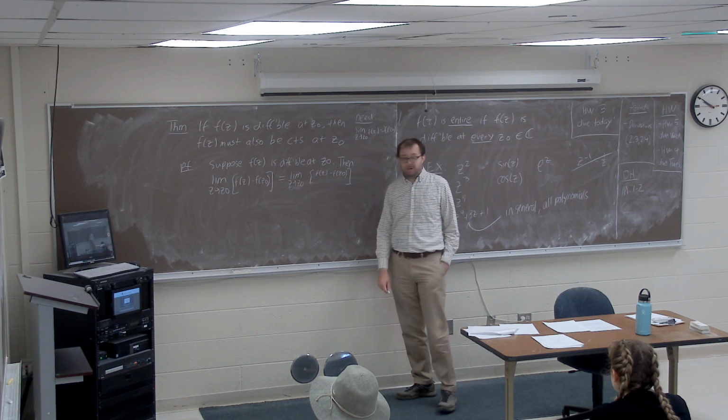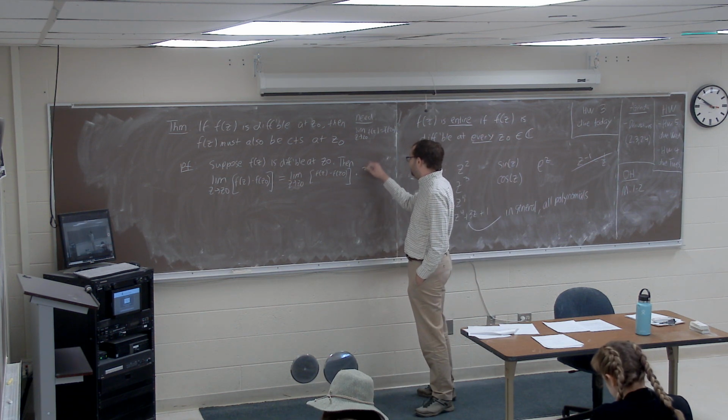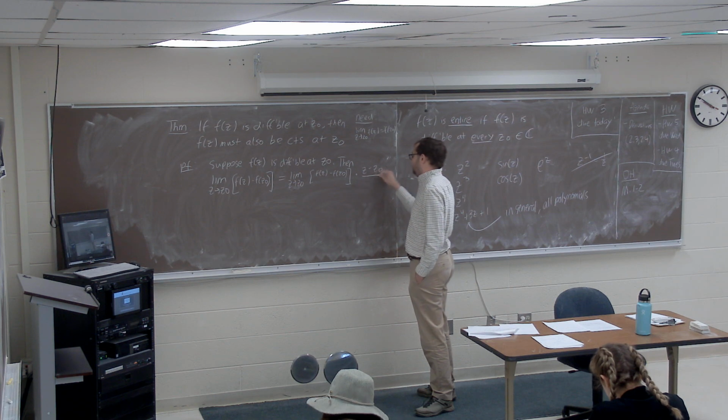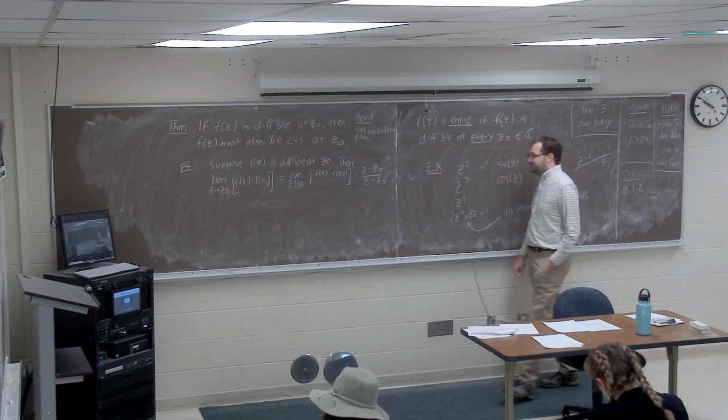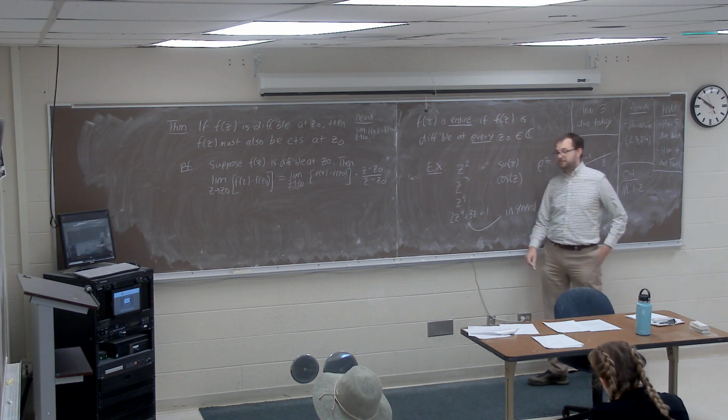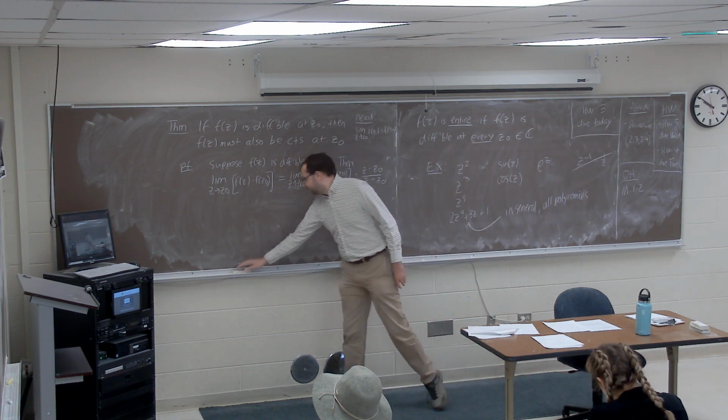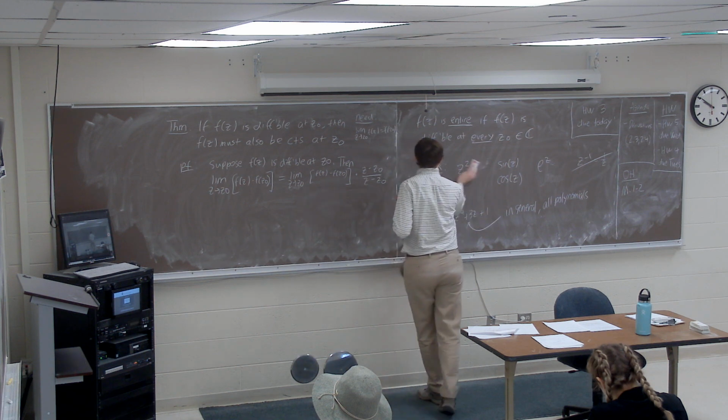I'm going to multiply by 1. Specifically, I'm going to multiply by the expression z minus z naught divided by z minus z naught. Just to see what we find.